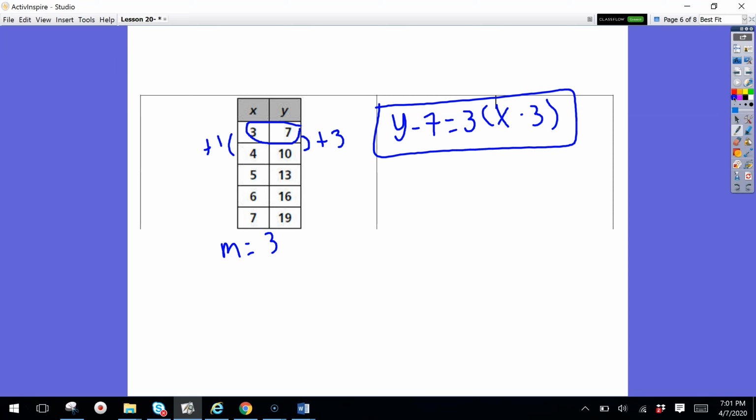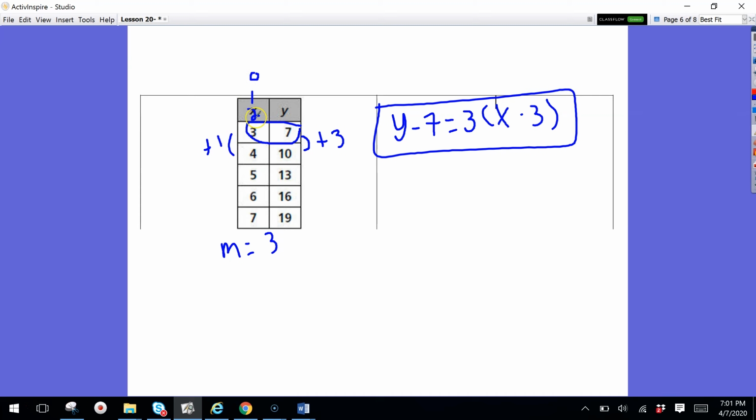The other way I could have gotten an equation to this line is, well, I have the slope, I can figure out what the y-intercept is. I have a table here, so I know what the pattern is. I'm trying to find the value of y when x is 0, so I can go backwards to 2, and then 1, and then 0. My y's are going backwards by 3. My x's were going up by 1, so I'm going backwards by 1.